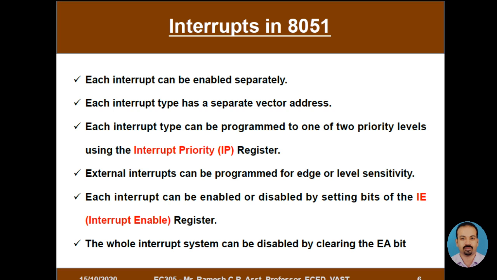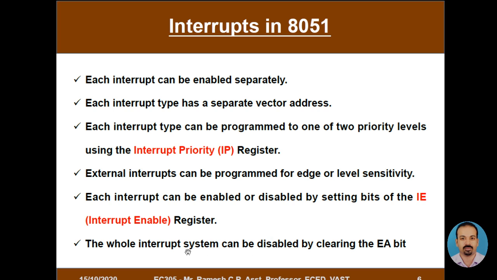And the other feature of the interrupts is that even though we need to enable each of the interrupts separately, we do have a provision to enable and disable all the interrupt sources by using a single bit. All this, the enabling and disabling of all the interrupts and of each of the interrupt sources, can be done by using the interrupt enable register.